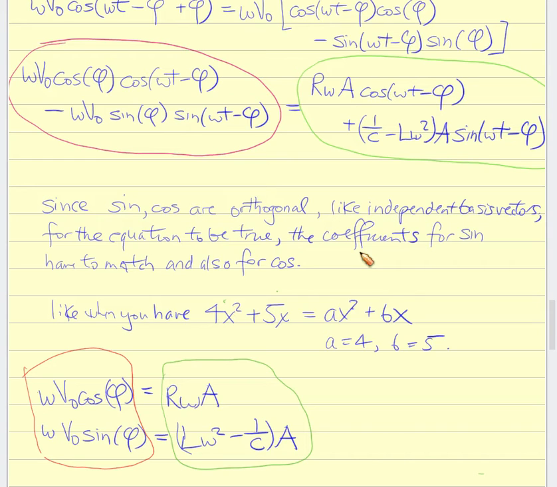But if I question, what makes that okay? The thought that I went through is as follows. It's okay because we're dealing with functions sine and cosine, and they are orthogonal to each other. In this case, I feel like they're behaving like independent basis vectors.